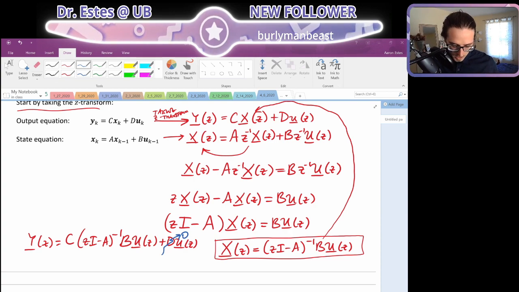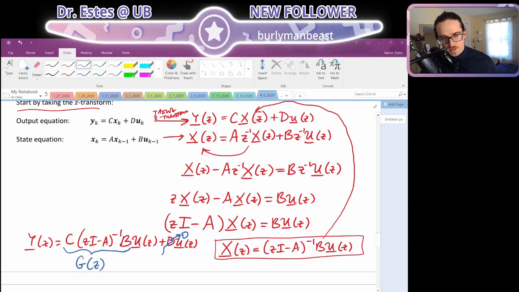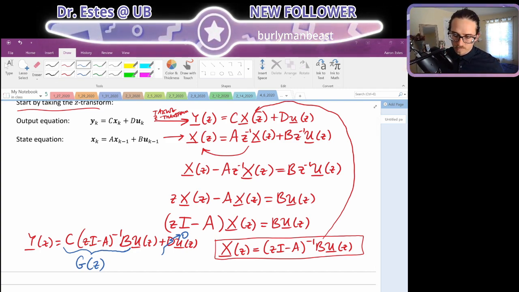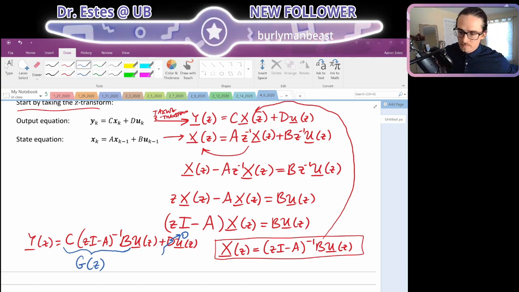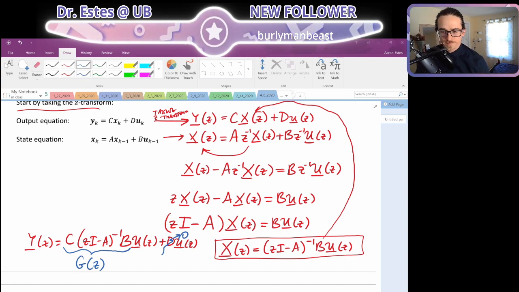Now here's the magic. This matrix right here is your transfer function, G(z). A little hard to believe, I know.